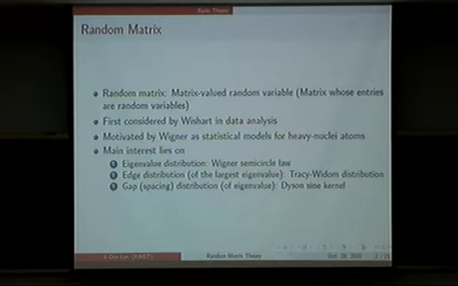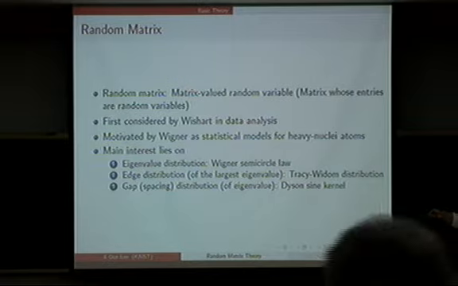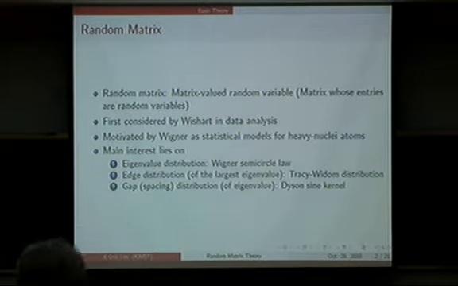The second thing we consider is edge distribution, in other words, the distribution of probabilities of the largest eigenvalue. And it is governed by the Tracy-Widom distribution. And finally, the gap distribution, which means the average distance, or the distribution of distances, between eigenvalues. And it is governed by the Dyson sine kernel.